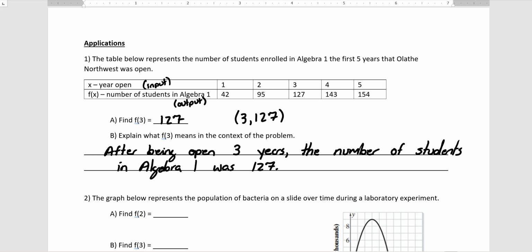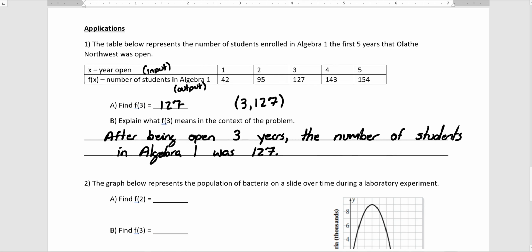And that's all we need for this explanation. One sentence just explaining F of 3 equals 127, or (3, 127). Number of years, number of students. After being open 3 years, the number of students in Algebra 1 was 127.